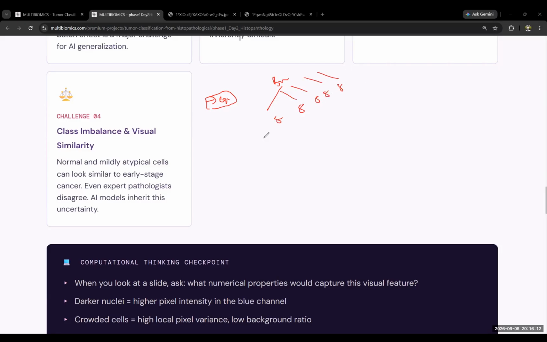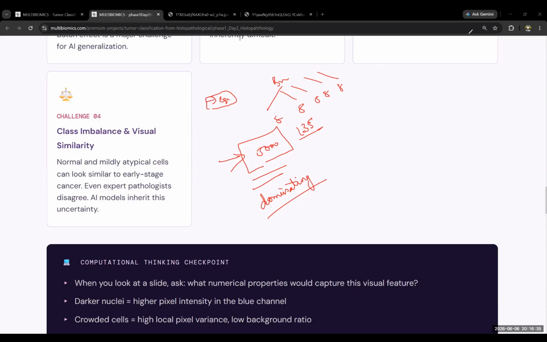In one, you have 5,000 images. In another, you have only 135 images. So don't you think that the subtype which has 5,000 images will dominate the prediction mathematically, because the number of images is more? Do you understand?